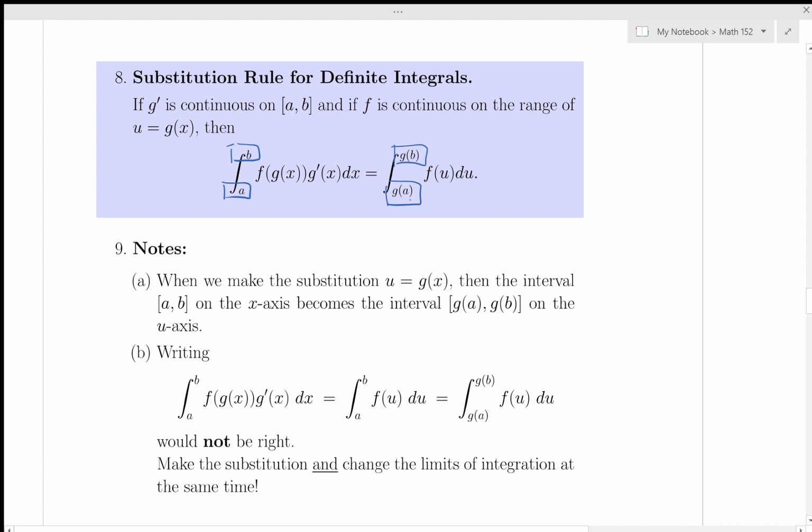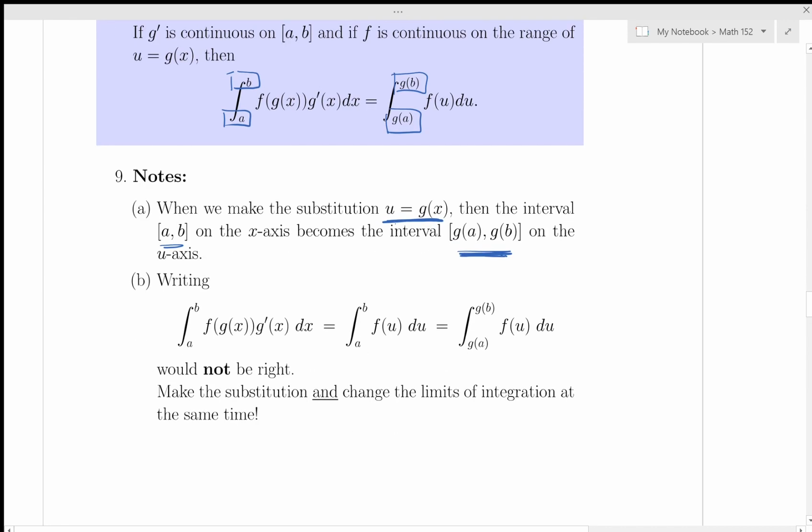This is g of a and g of b, where our substitution is u equals some function g of x. We're going to use that same function to change the limits of integration. So when we make the substitution on an interval a, b, then the interval that we are actually integrating on the u-axis becomes the closed interval g of a to g of b.